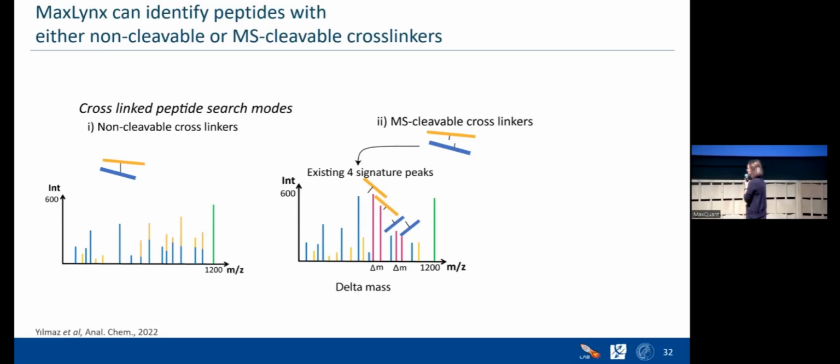For this MS cleavable, what we know is that the cross-linker has two cut places. When the cut happens, we have four signature peaks. On the signature peaks, we have a peptide with the longer part of the crosslinker, and the same peptide with the shorter part of the crosslinker, and it's the same for the blue one: blue with shorter crosslinker and blue with longer.